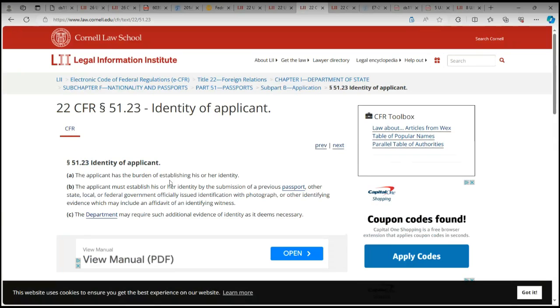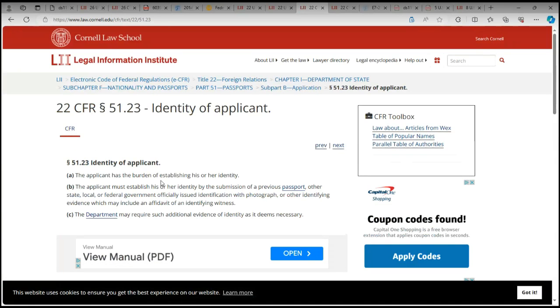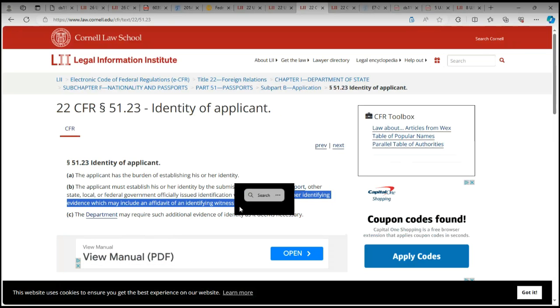Identity of passport applicant. The applicant has the burden of establishing his identity. The applicant must establish his or her identity by the submission of a previous passport, other state, local, or federal government officially issued identification with photograph, or other identifying evidence, which may include an affidavit by an identifying witness.